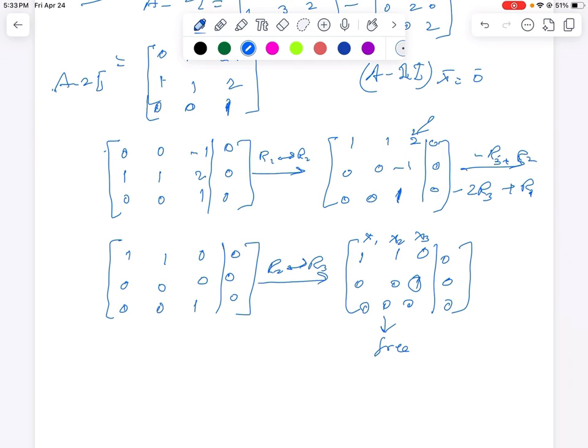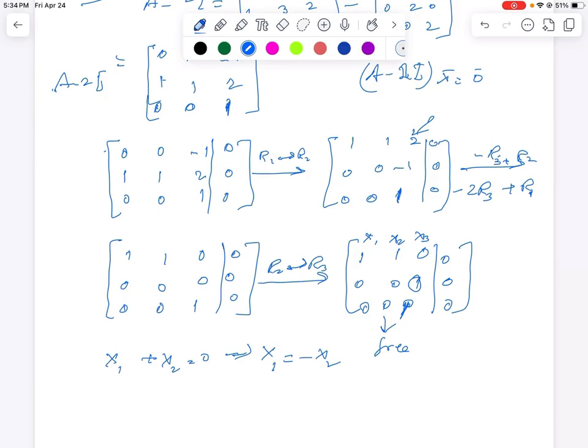x1 plus x2 equals 0, which gives us x1 equal to negative x2. And then we have nothing else. Why? Because x2 is free and x3 is 0.